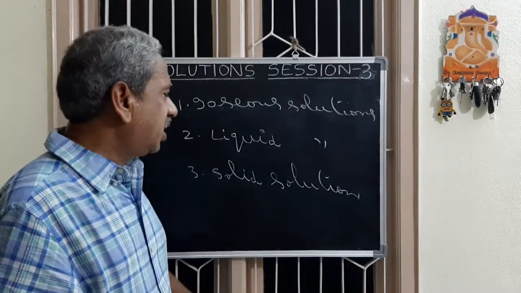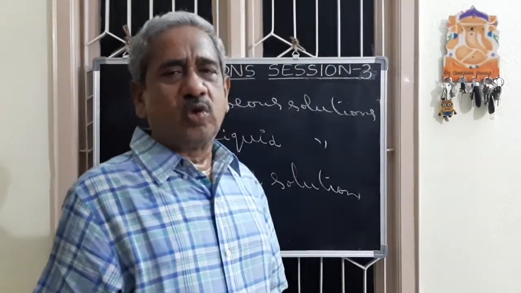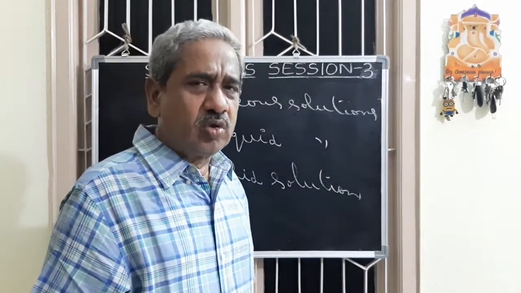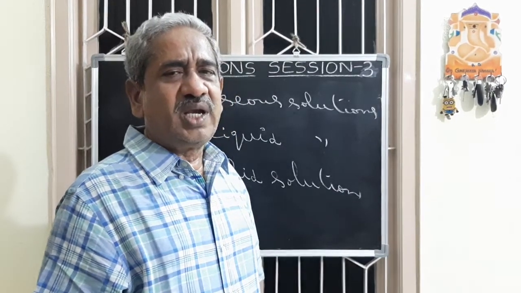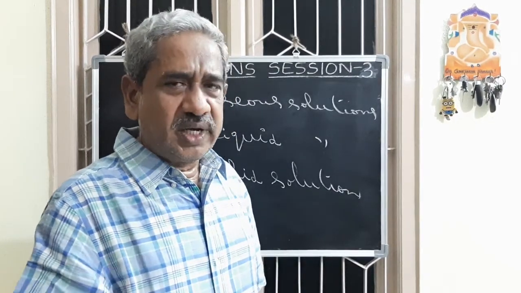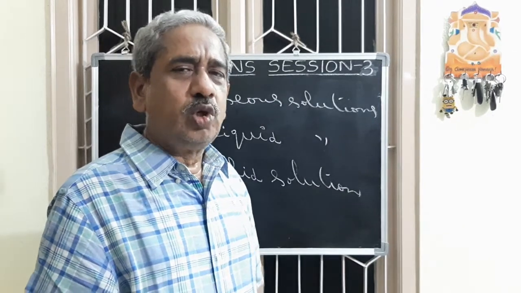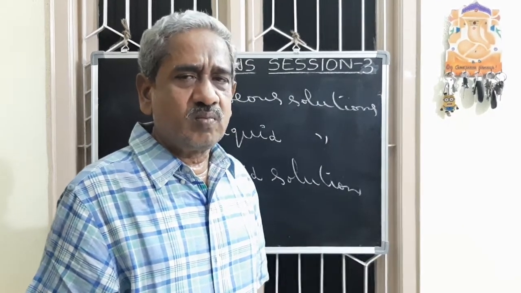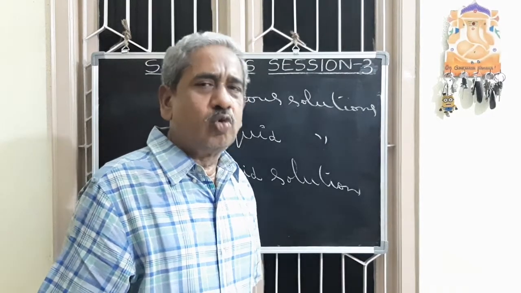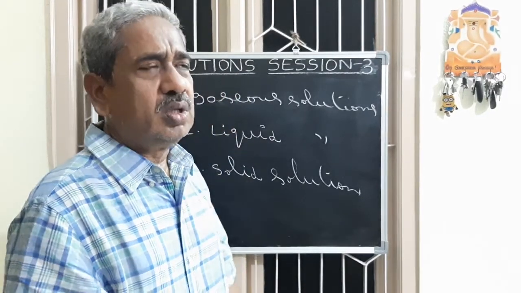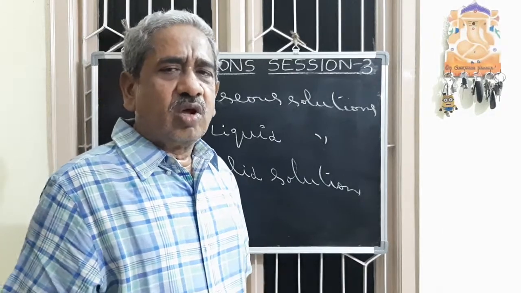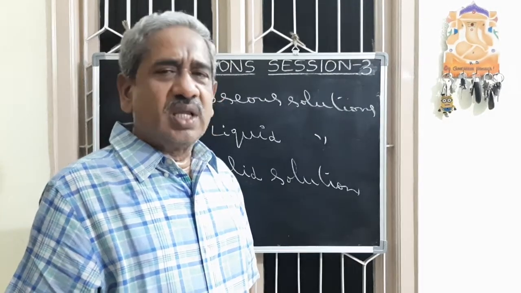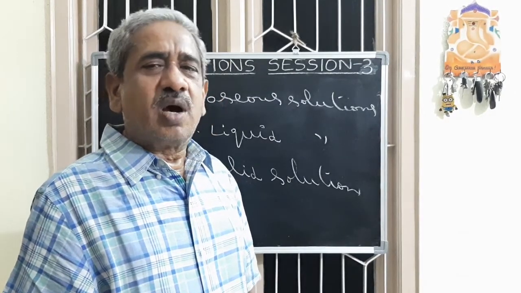The third category is solid solutions. In solid solutions, the solvent is solid and the solute is either solid, liquid or gas. Example, ornament gold. In ornament gold, the solvent is gold and the solute is copper.